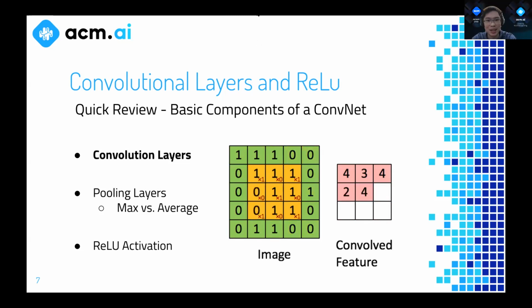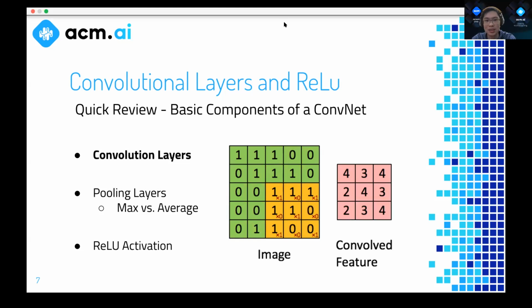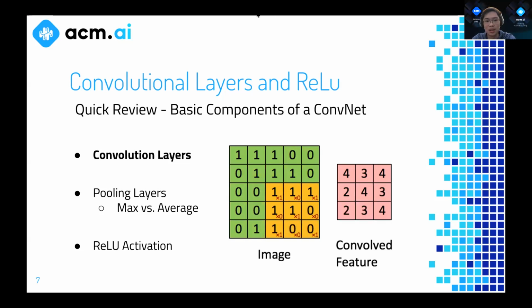Let's say we're doing image or face recognition. So one feature might be an eye, which is something you want to detect from the face, and another thing might be a nose or an eyebrow. So these features would be represented by your filter.